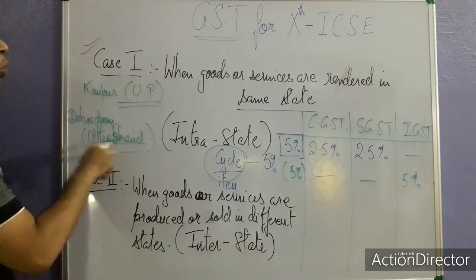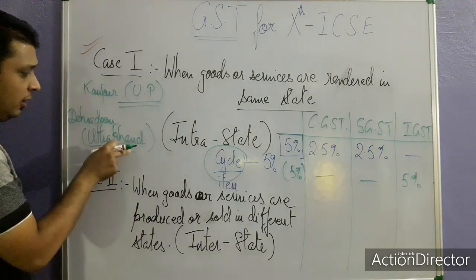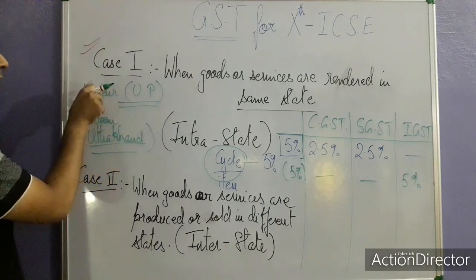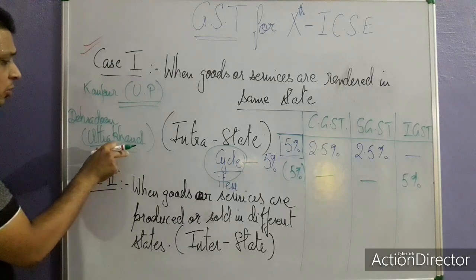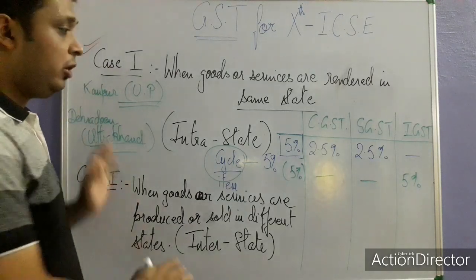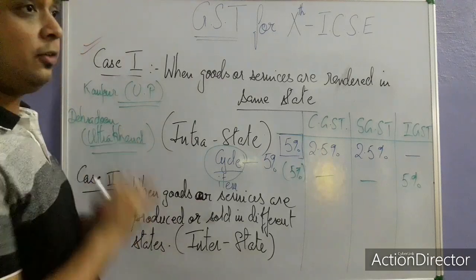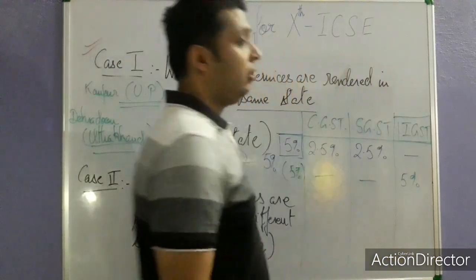So he says, why should I give tax to a state which is not my state? I am in Kanpur, so I will give tax to my state government. Why should I give tax to the other state government? So this kind of issue is created. So in order to avoid this kind of issue, the integrated GST department comes into use.